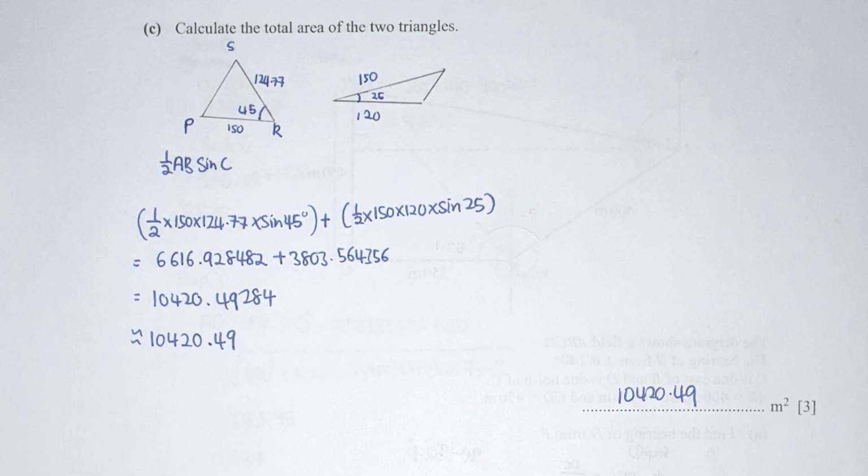You should get 10,420. If you were to correct it to three significant figures, you can leave it as 10,400 as well. Since they didn't specify and I wanted to be exact, I just leave it as it is, which is 10,420.49.